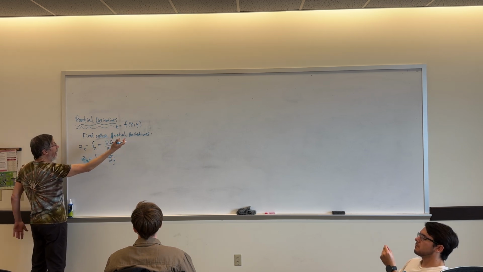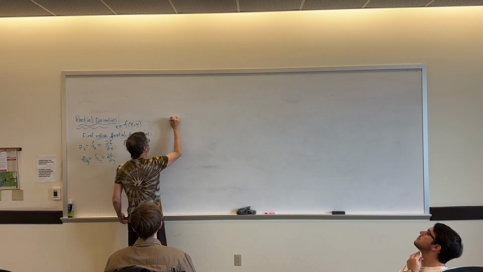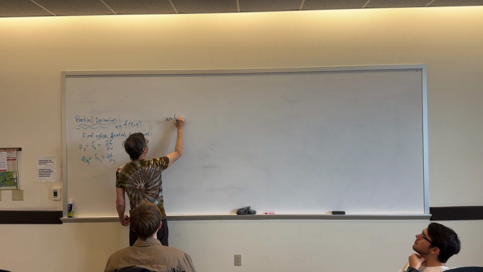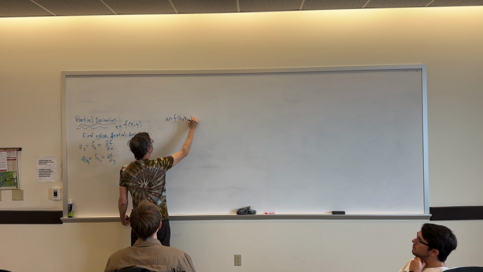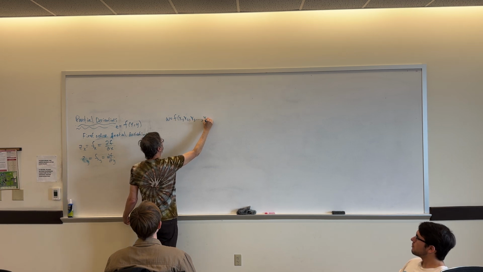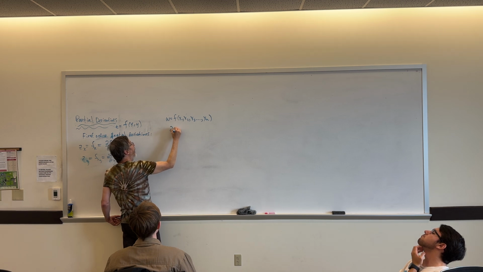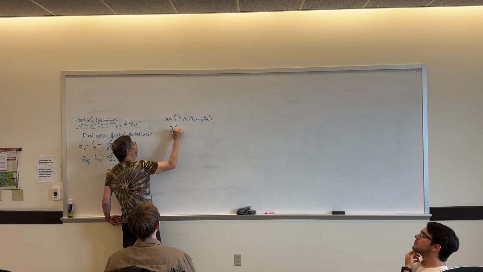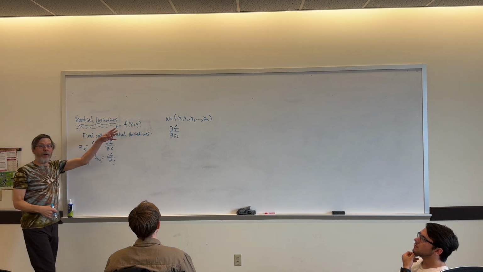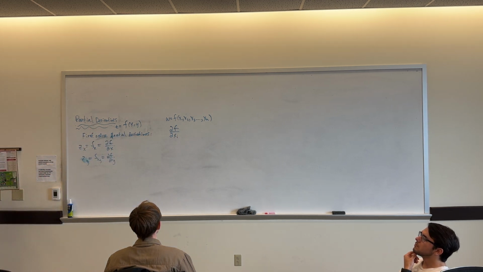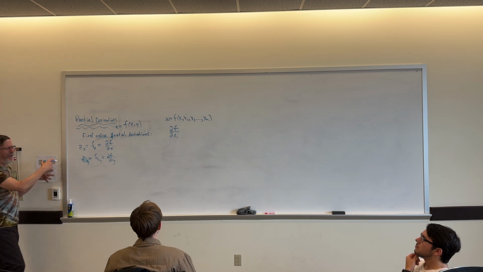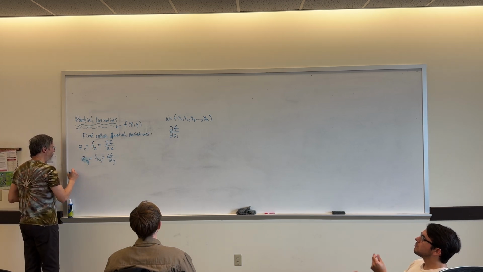And if this thing had more variables, in general, I might have something like this, w equals f of x1, x2, x3, all the way up to who knows how many independent variables. And at that point, I could have partial of f with respect to x sub i, any one of those guys. So it's the same game, right? Once you got this level, you're good with all of the levels.